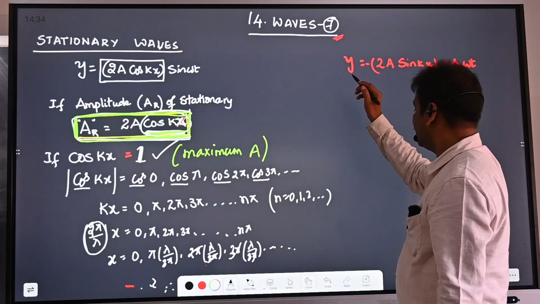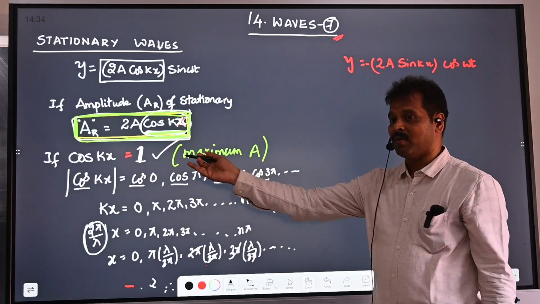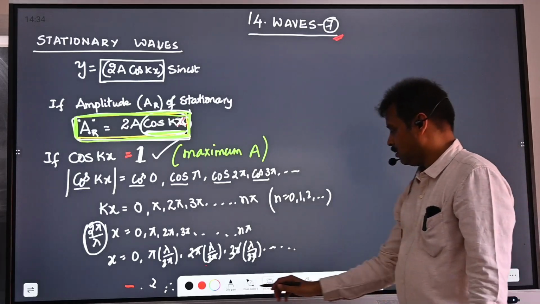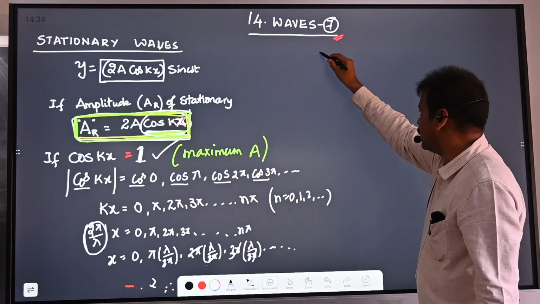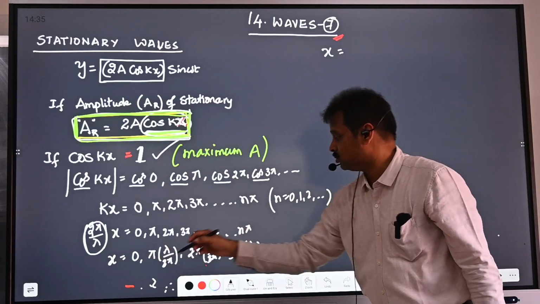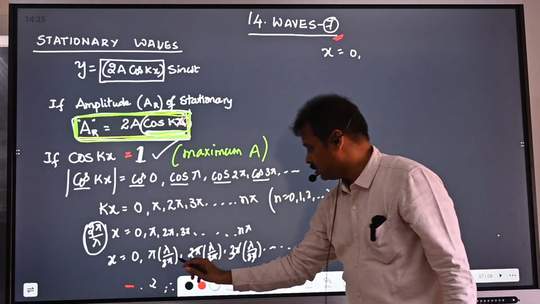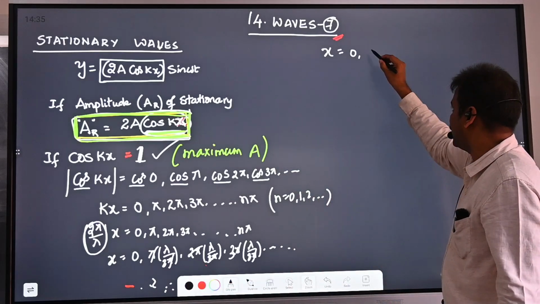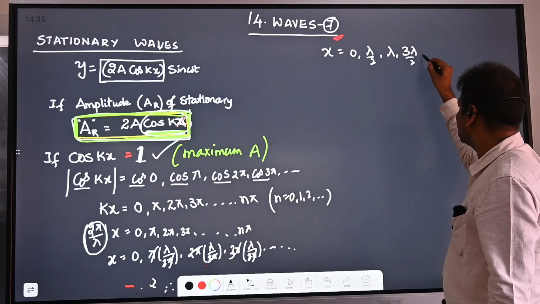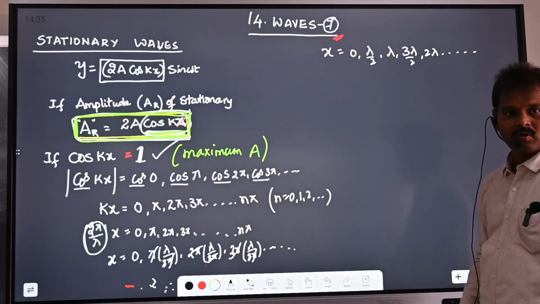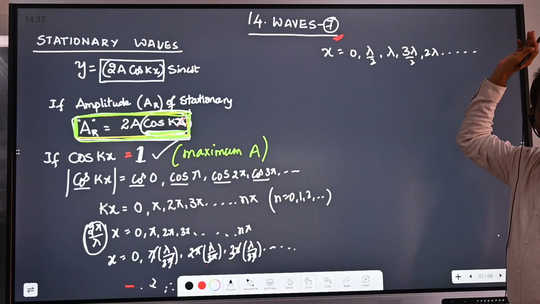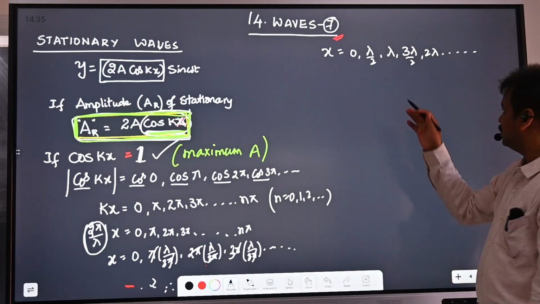So the x values where this amplitude will become maximum are: x is equal to 0, 0.5 lambda, 1 lambda, 1.5 lambda, 2 lambda, 2.5 lambda, 3 lambda and so on. Understood? So these are the values.